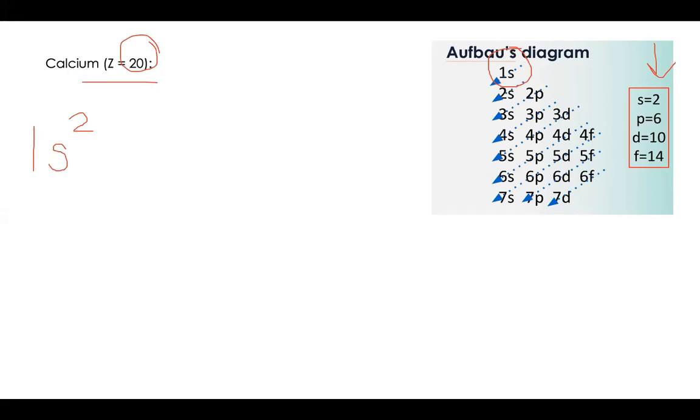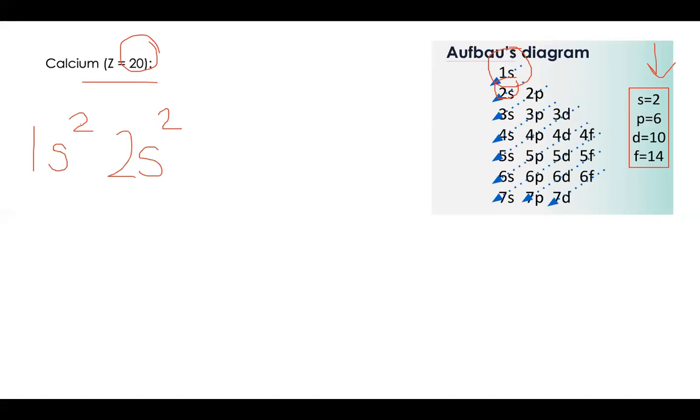So I will move to the next one, which is going to be 2s. I'm going to write 2s. The maximum amount of electrons, once again, that s can hold is 2. So now I have placed 2 plus 2, 4, and I still have 16 more to place.